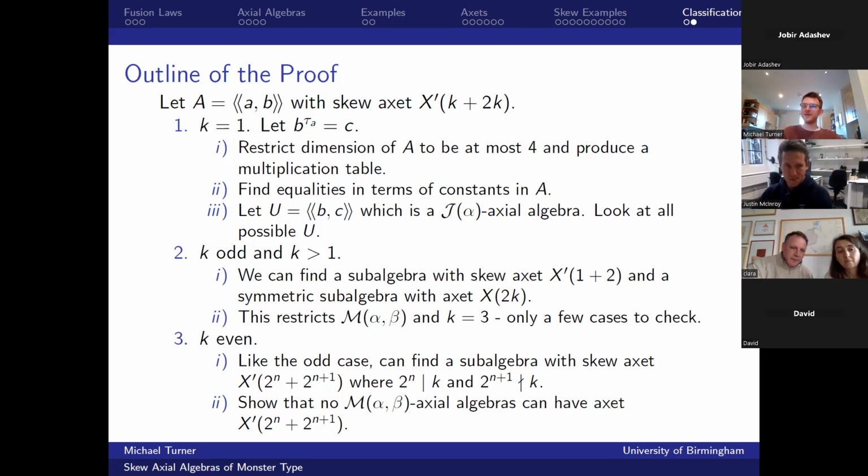Then that will be an axial algebra with a skew axet inside of it. I am working on seeing if any other axial algebras, because the 2B is kind of the thing that needs to be used. And I am looking at the two-generated axial algebras, trying to classify them all to see if any other axial algebra can be put there. So we're not in this characteristic 11 case, but they do appear, but they're probably quite rare.